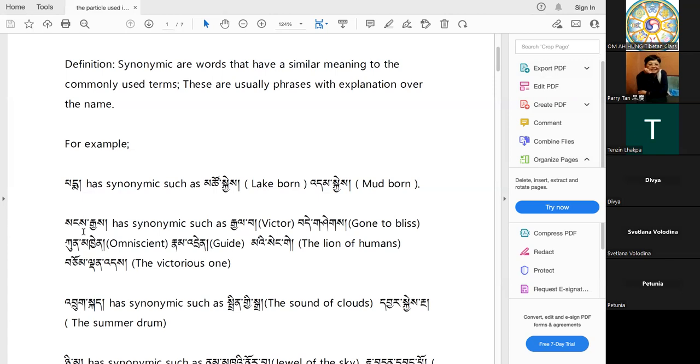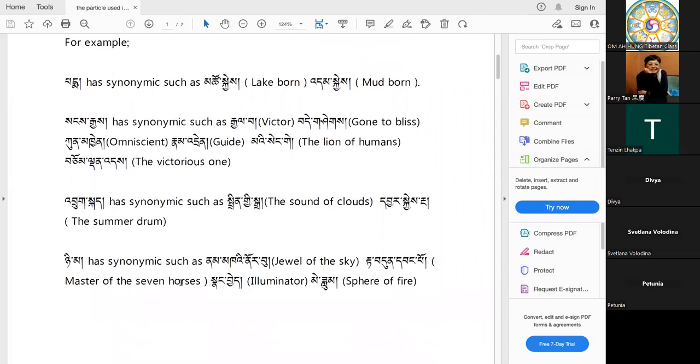So we see that all of these ngunje, or synonymic, have a meaning, and they show a meaning. Very interesting, actually. The other one is for Druk, which is thunder.